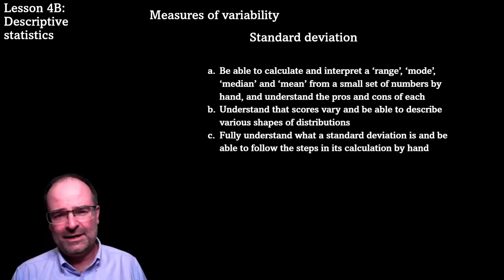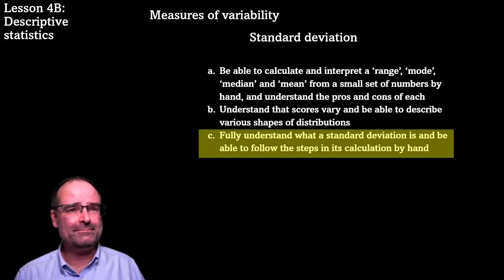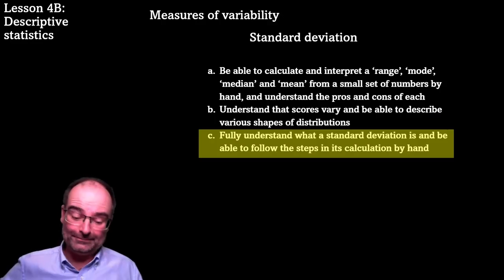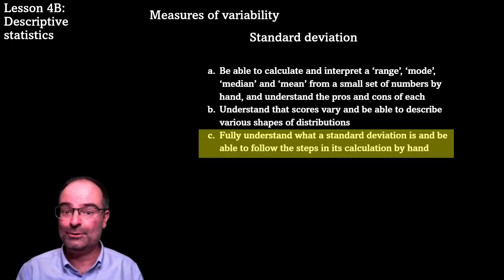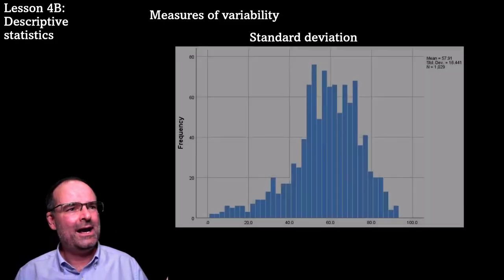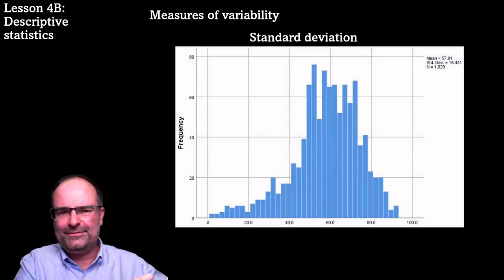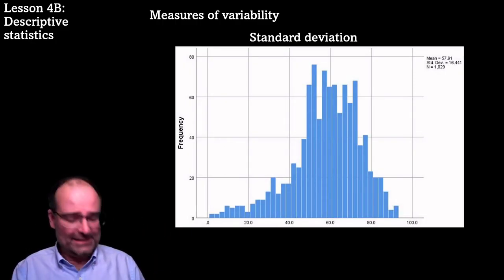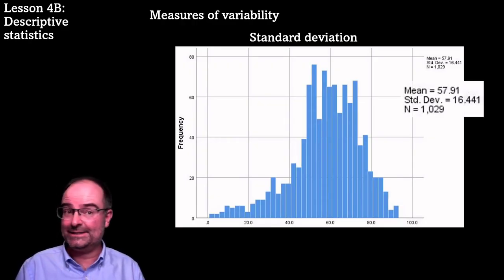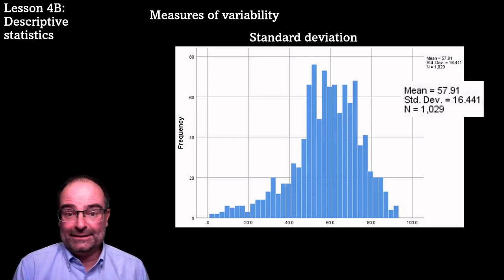So understand what a standard deviation is, understand where it's come from. That's an important learning outcome. And knowing how to calculate a standard deviation by hand is really going to help you understand, because as you do that, you'll get a sense for where it's coming from. When you look at an abstract set of data like this and you see the standard deviation is 16, you can have a better grasp of what it means.